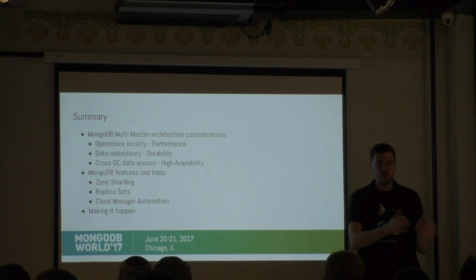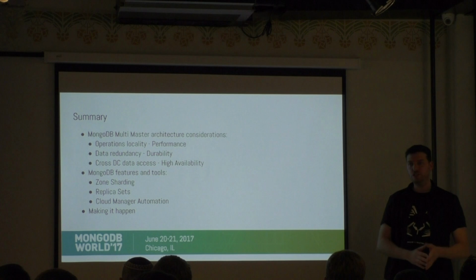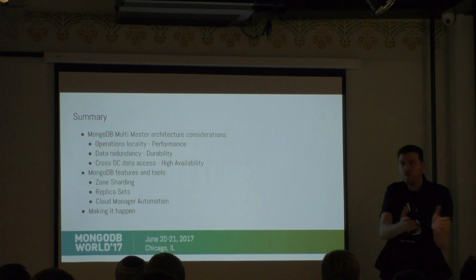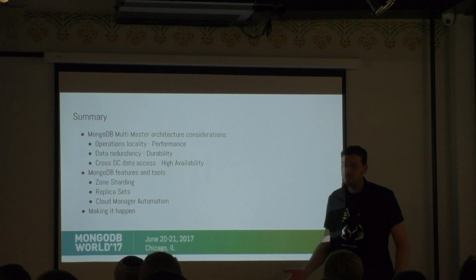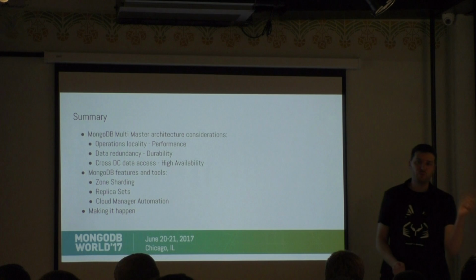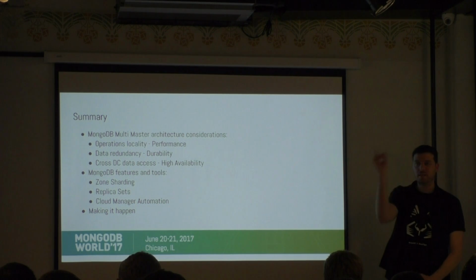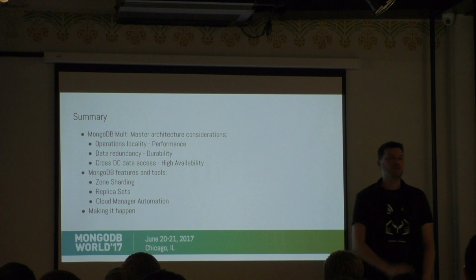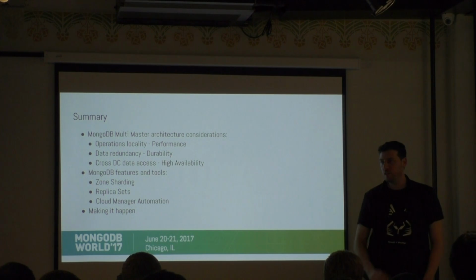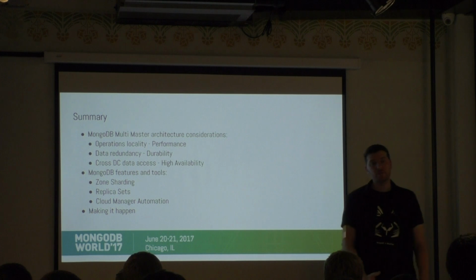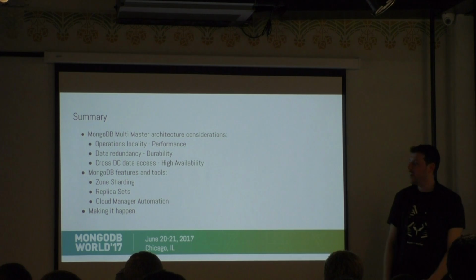We use zone sharding to define our primaries in each zone or in each data center. We use replica sets to replicate the data between the zones. And we use Cloud Manager automation to basically do a UI configuration of dragging and dropping services and processes and monitoring them, using sharding capabilities to make it happen.